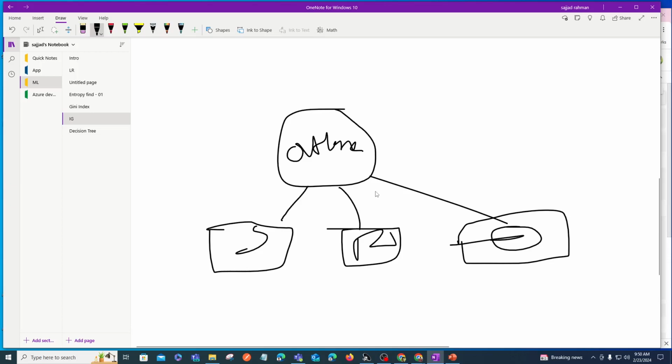If we pick overcast, we can see that there are 4 yes values, 4 yes, 0 no.